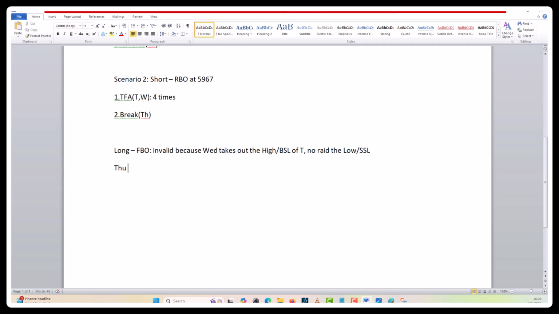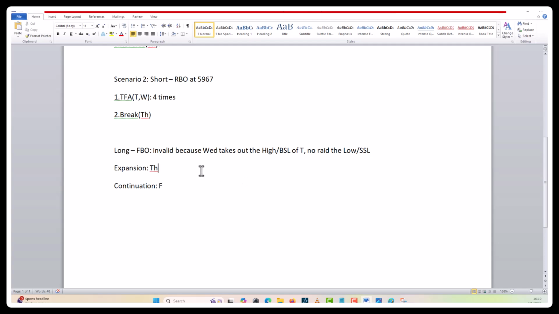All right, so basically for this week, on the time frame level, we see Thursday is expansion. So basically we have expansion on Thursday, okay, and then we have a continuation on Friday.